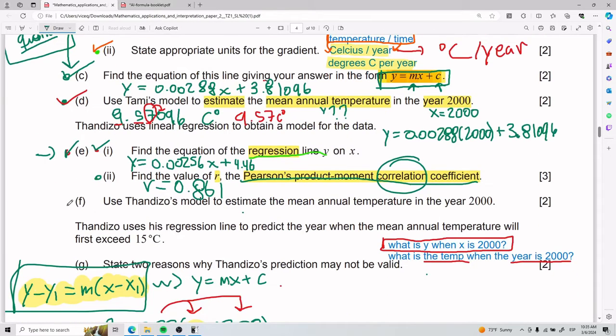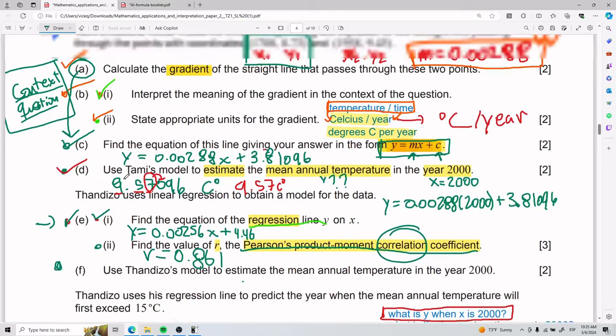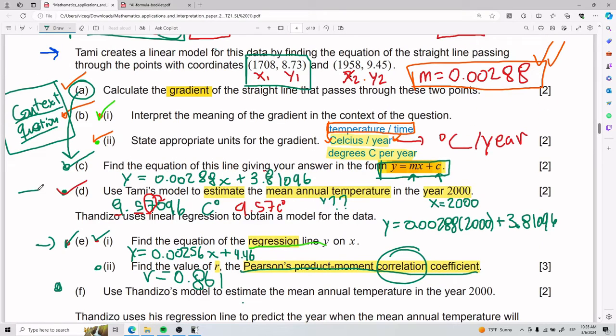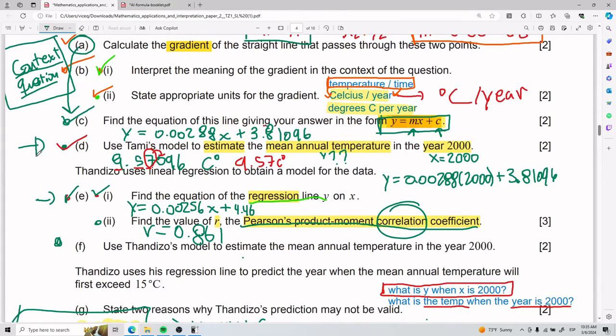Part F, we need to use Thandizo's model to estimate the mean annual temperature in the year 2000. So notice how this is pretty much the same as part D, just that now we're using Thandizo's model. So, again, same thing. X equals 2000 because we're talking about the year 2000.